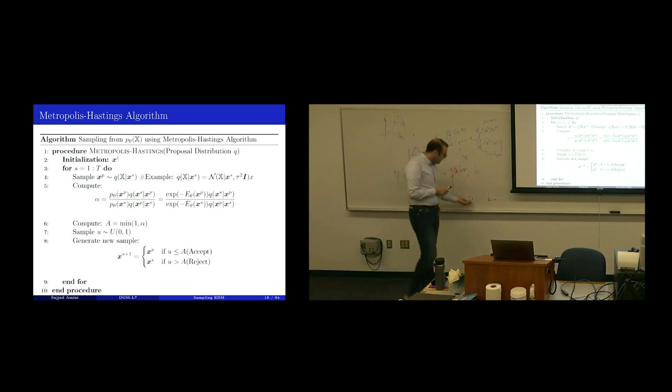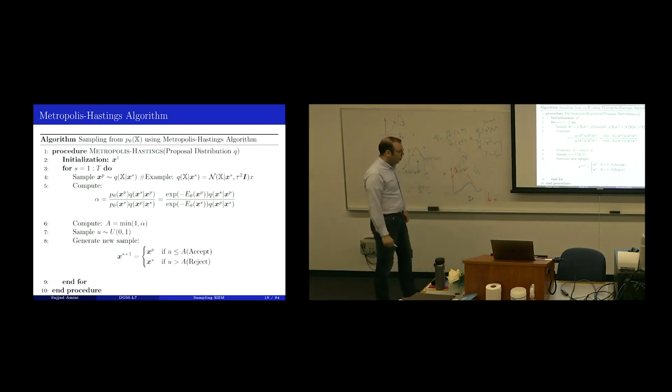But this sample is sometimes, for example, let me write down a form. This is the form of the true unnormalized distribution, okay? What happened here?